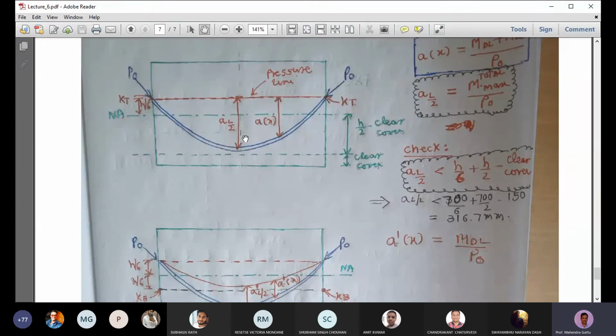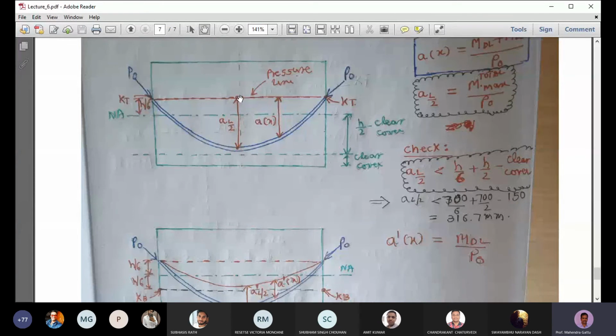One more thing we should make sure is that the distance a of L by 2 should be such that the cable line lies above the clear cover. So this is the clear cover line, and the cable should lie above that clear cover line. So the eccentricity with respect to the neutral axis should be less than h by 2 minus clear cover.